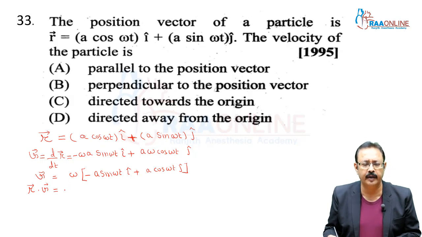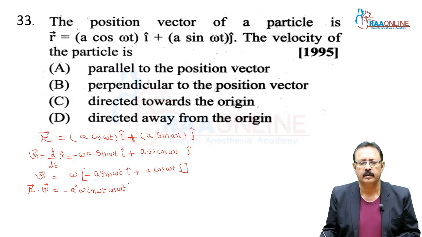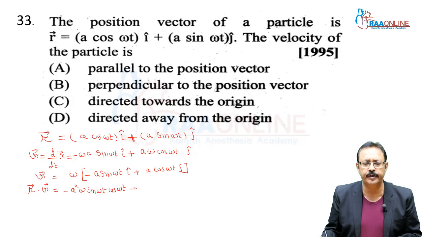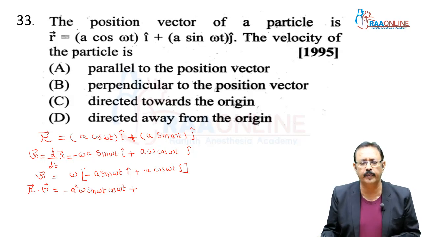So we are getting minus A square omega sin omega t cos omega t. Next, coefficient of j with coefficient of j: A sin omega t and omega A cos omega t.